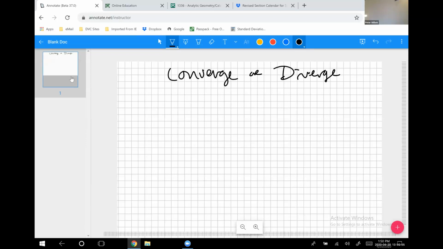So in 8.1, 8.2, and 8.3, we set all of this work up. Then in 8.4, 8.5, and 8.6, for the second half of the chapter, it's all about converge or diverge. So for us, let's look at 8.4, and we're going to start to accumulate these tests.